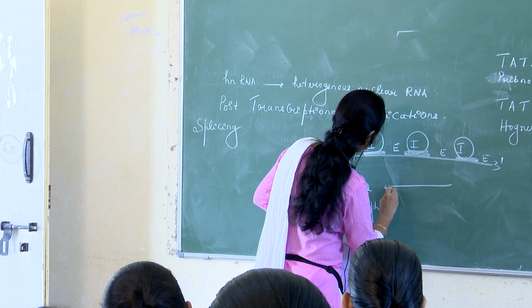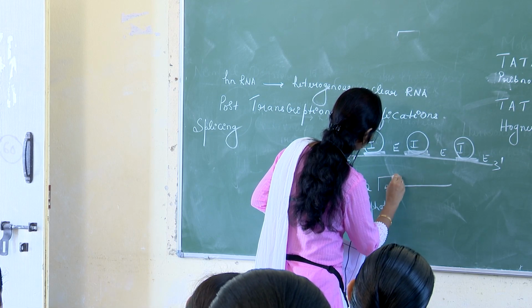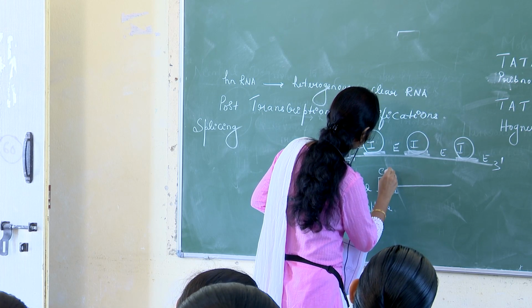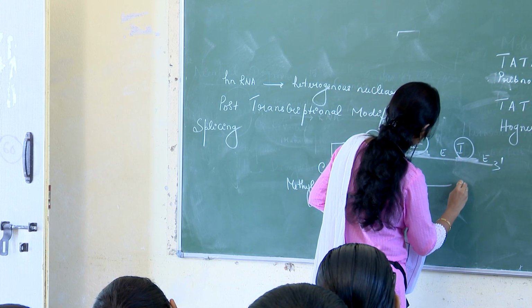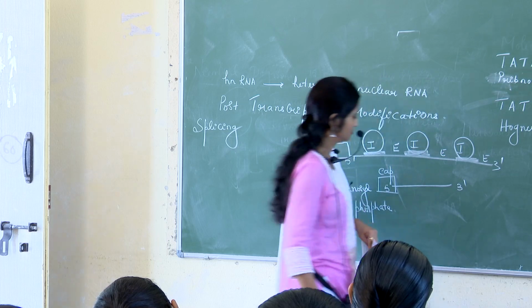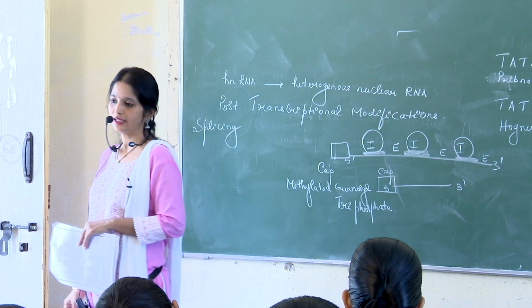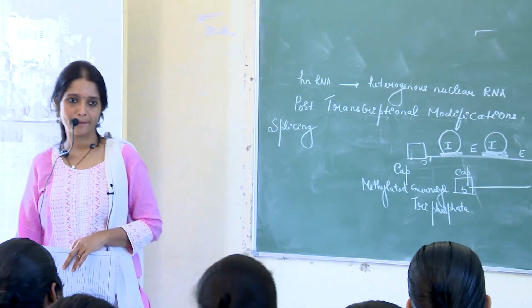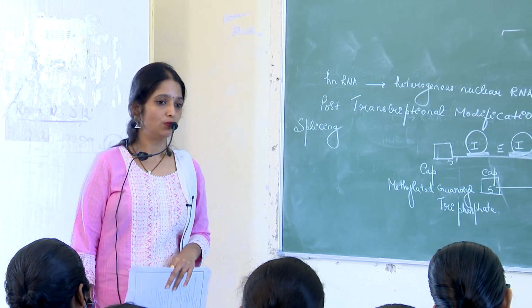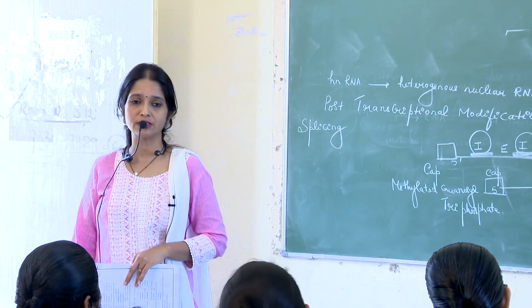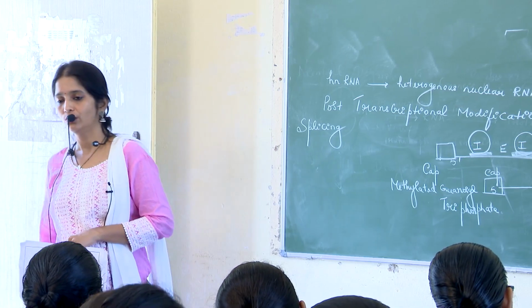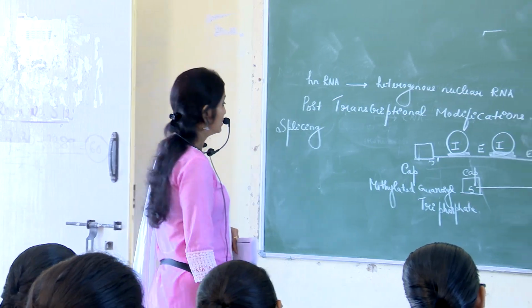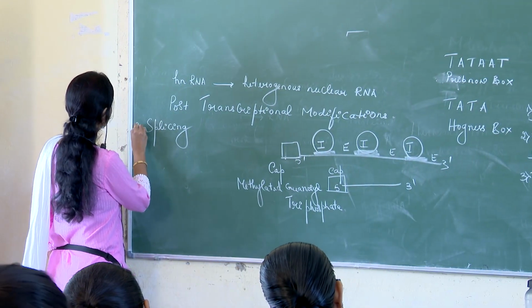So what is happening? At the 5 prime end what is present now? Cap is present. Introns are removed. Exons are joined. So this is splicing. A complex called the spliceosome helps in this process. Spliceosome. Right? Yes.